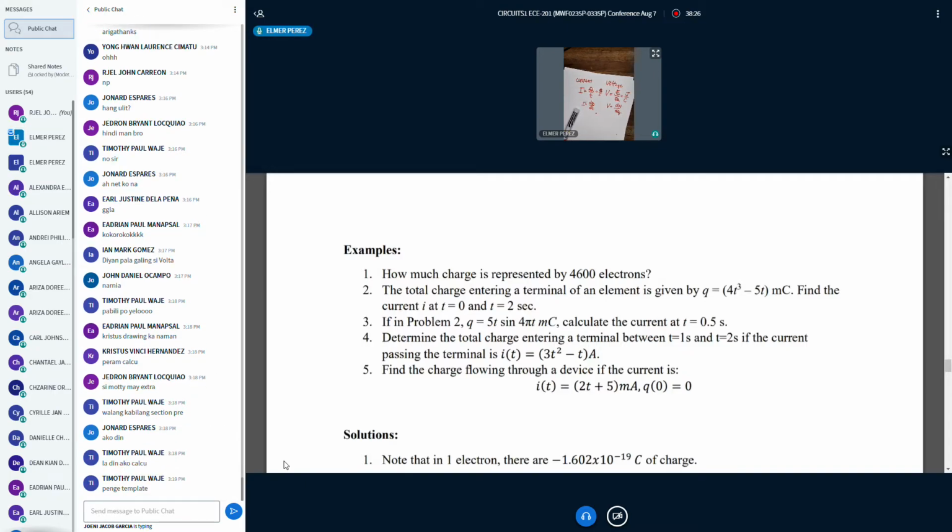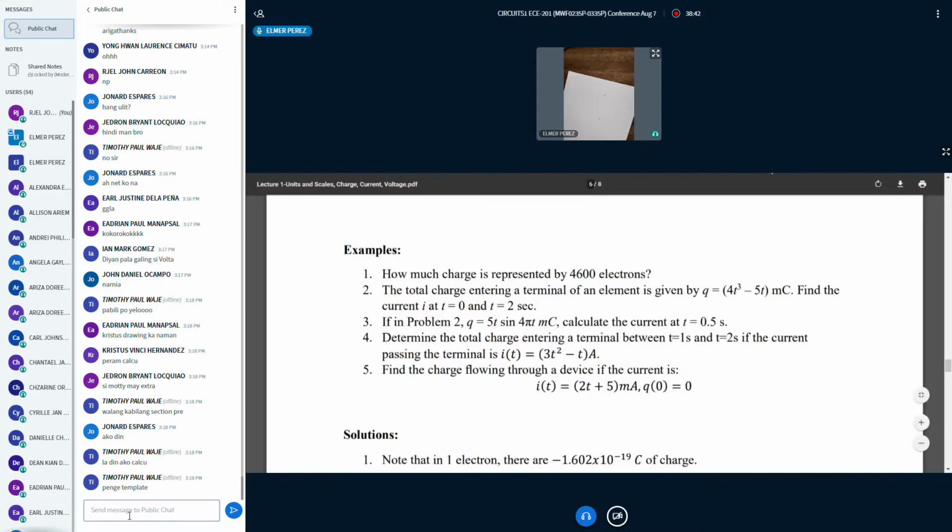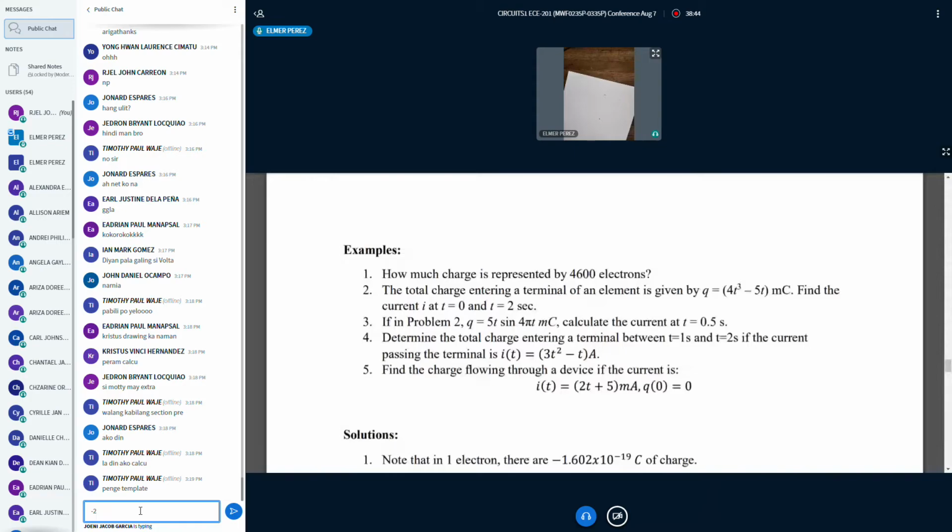Sorry. Okay, so let's have a first example. How much charge is represented by 4,600 electrons? So we have 4,600 electrons. We are to find what is the total charge.